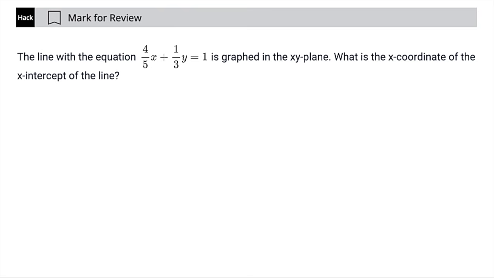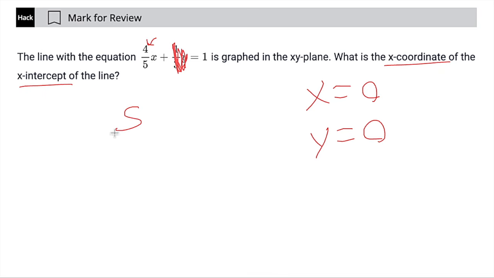And our final hack here is the zero-intercept rule. Basically, you just have to remember that at the y-intercept, x equals 0, and at the x-intercept, y equals 0. So it's asking for the x-intercept of this line, y equals 0, meaning y disappears. 1 times the reciprocal of 4/5 is 5/4.